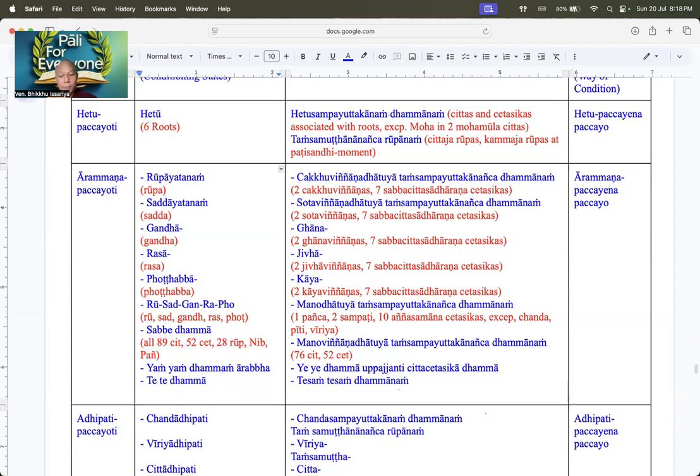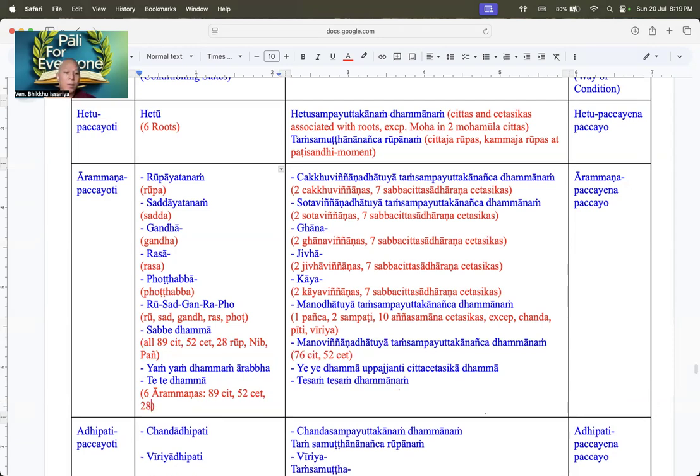Now finally we can conclude. The six arammanas are rupa, sadda, gandha, rasa, photthabba, and dhamma. Those six arammanas completely cover 89 cittas, 52 cetasikas, 28 rupas, nibbana, and paññatti. All of these are arammana.